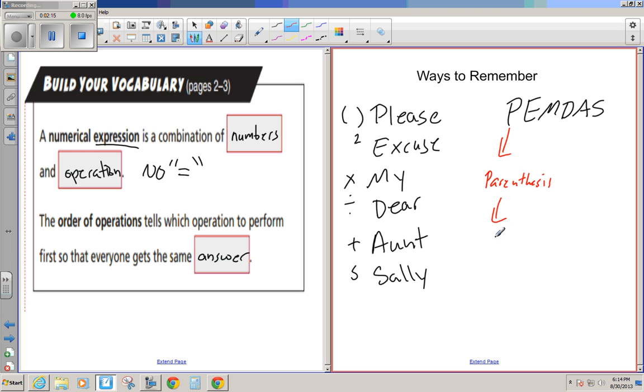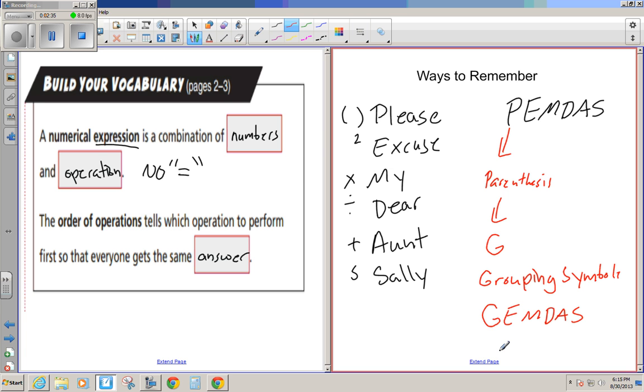It should be a G for grouping symbols. So I think it should be GEMDOS, which sounds more Lord of the Ringish. You may disagree with me, but I think GEMDOS sounds like Lord of the Rings.